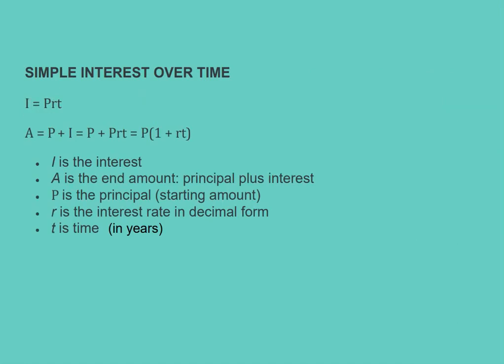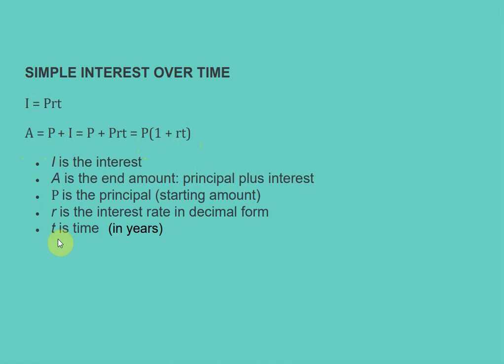For simple interest over time, we would find the interest, I, by multiplying the principal times the rate times time. That's to find just the interest, and then to find the total amount at the end, we would multiply P times 1 plus R times T. So again, this is simply the principal plus the interest.